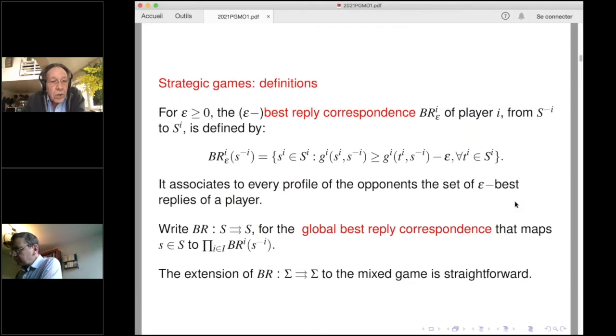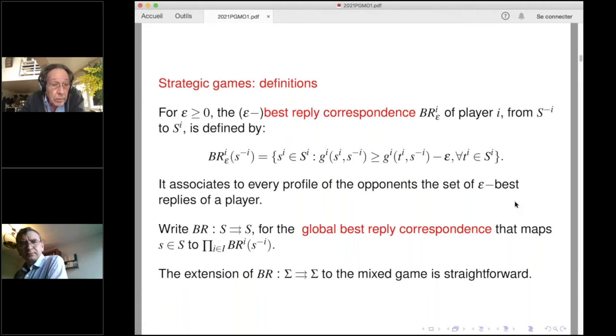Now some definitions. The main concept will be the best reply correspondence. The epsilon best reply correspondence for player i is a function defined on S^-i, which is the set of small s^i that give the best payoff up to epsilon. It associates to every profile of the opponents the set of epsilon best replies of the player.